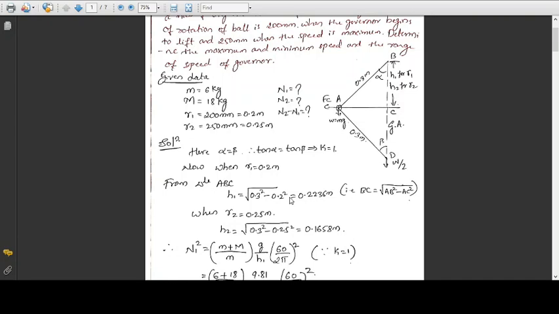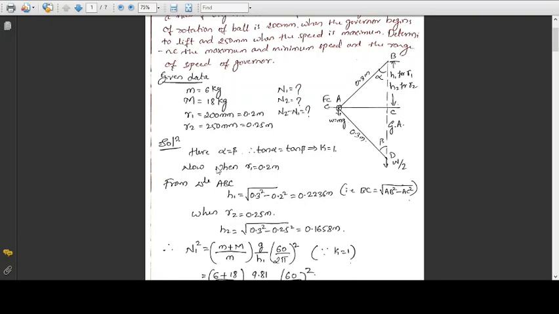From the figure you can see that the upper part is pivoted at B and the lower part is connected to D, and B and D are lying on the same axis, the governor axis. That means alpha is equal to beta here. Therefore tan alpha equals tan beta, which leads to the value of k as 1, because k is given by tan beta by tan alpha.